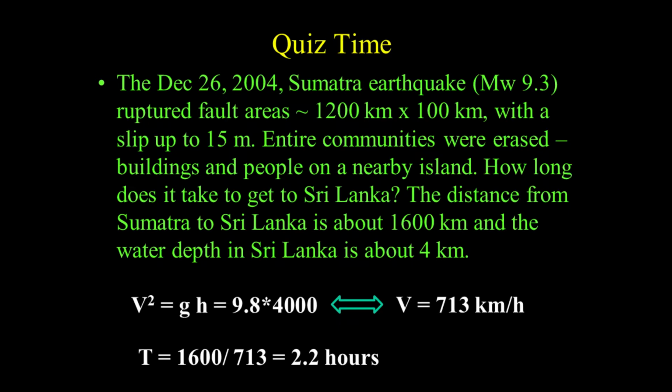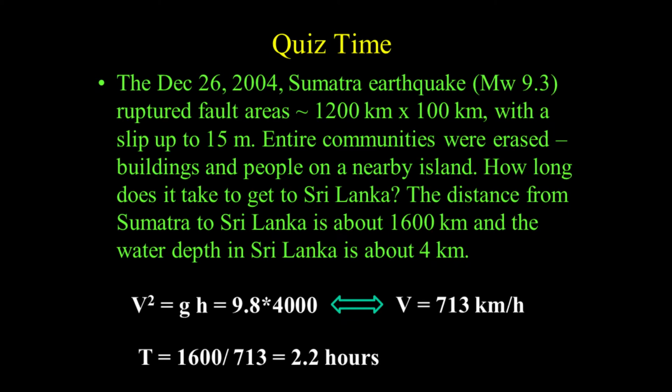In our first question, the December 26, 2004 Sumatra earthquake, with a moment magnitude of 9.3, ruptured fault areas of about 1,200 kilometers times 100 kilometers, with a slip up to 15 meters. Entire communities were erased.